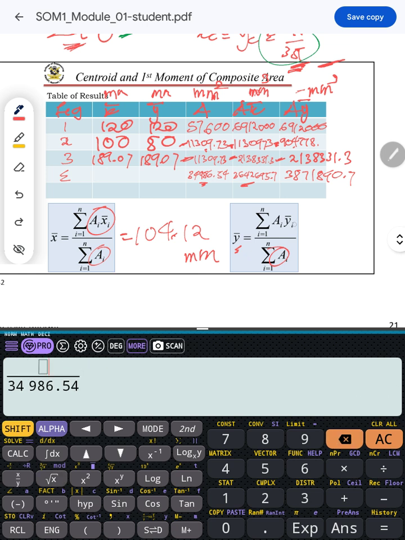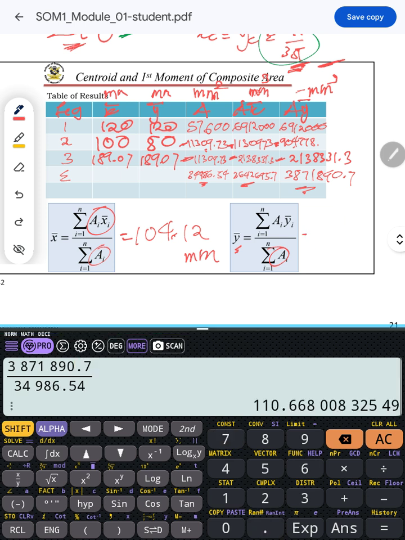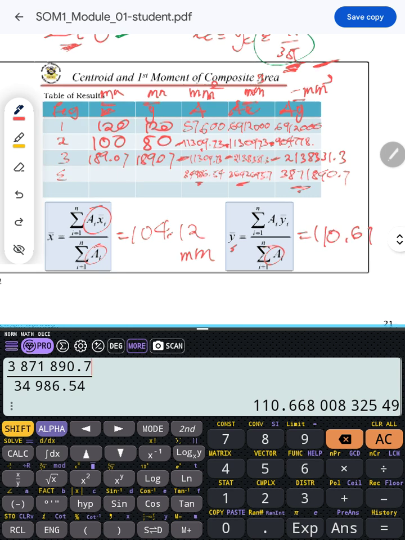So AY, which is this one, that's 3871890.7, right? And that's giving us 110.6 millimeters.